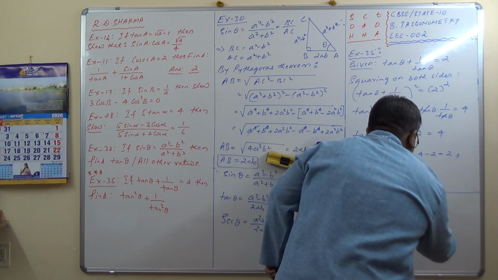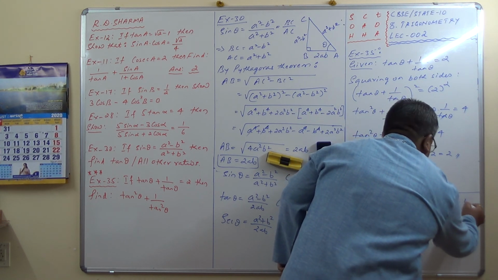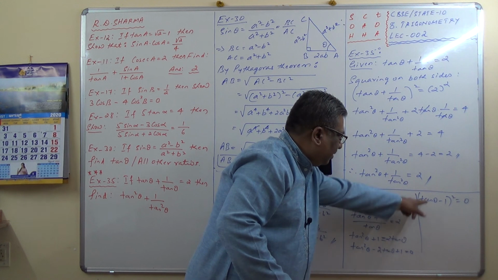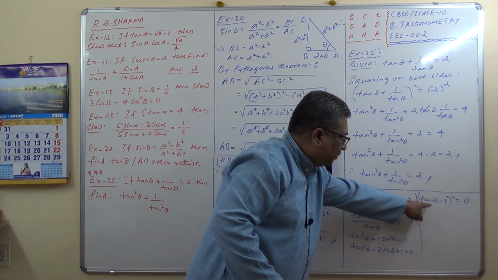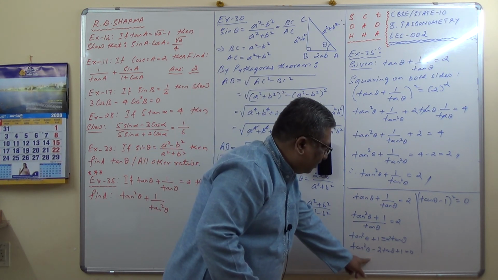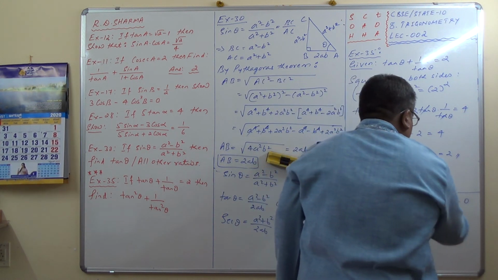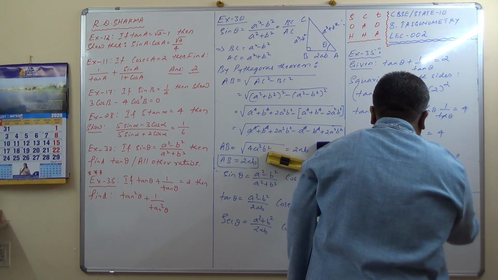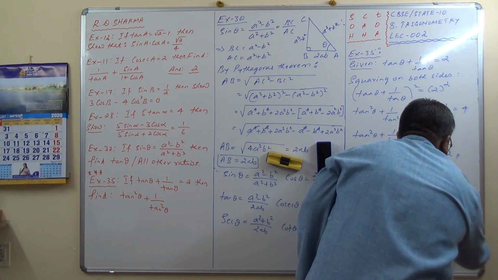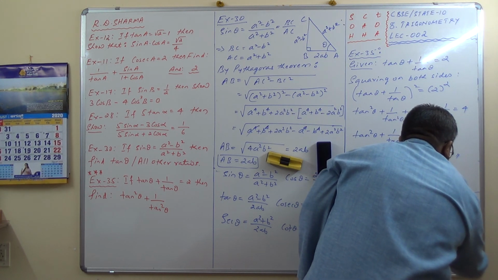Here I will write, implies tan theta minus 1 the whole square equals 0, because tan square theta minus 2 tan theta plus 1 is nothing but the expansion of tan theta minus 1 the whole square. So tan theta minus 1 equals 0, tan theta equals 1.